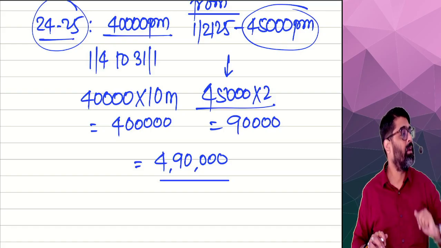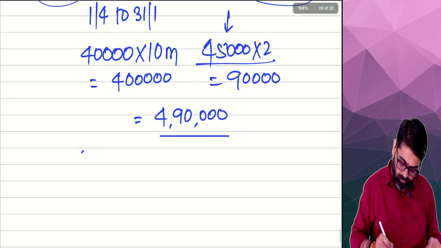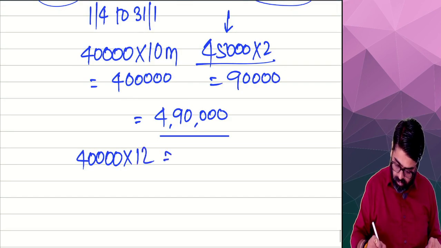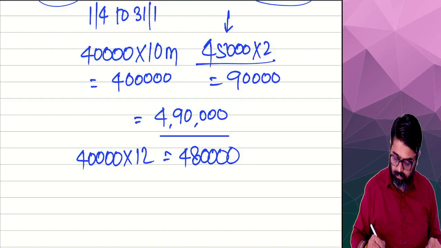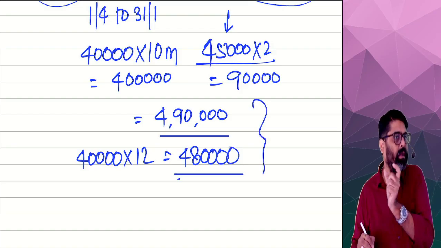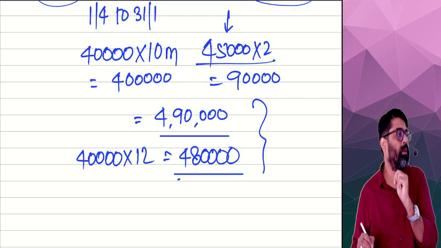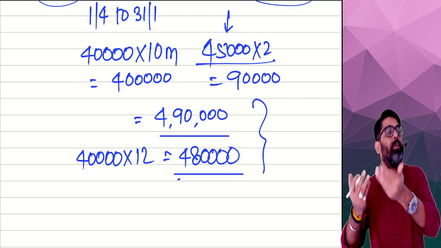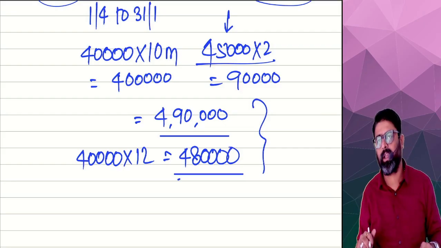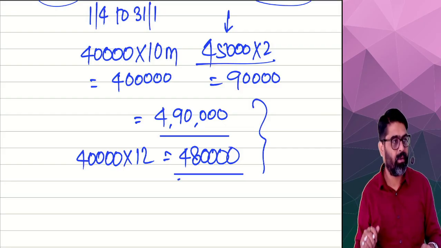So how much salary did you actually get in this year? 40,000 into 12, 4,80,000 you got. Yes or no? So the 10,000 which you were supposed to get, 5,000 increment for the last 2 months, was not paid in that year. And that was a bona fide mistake from the accounts department.